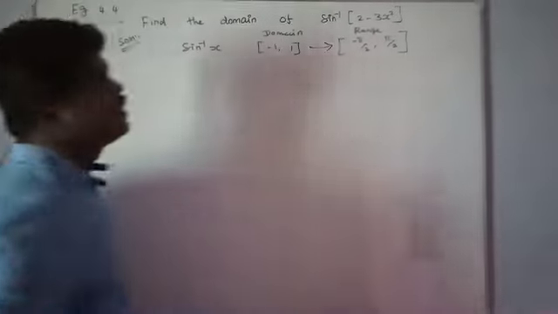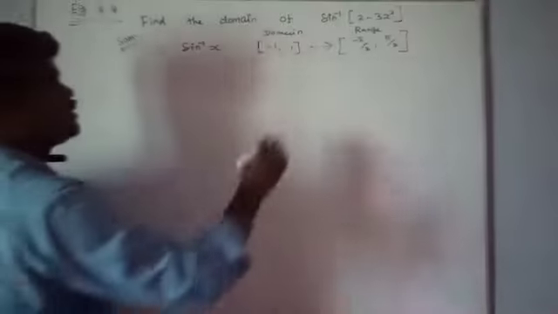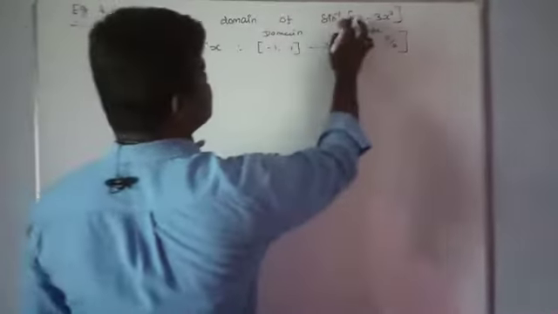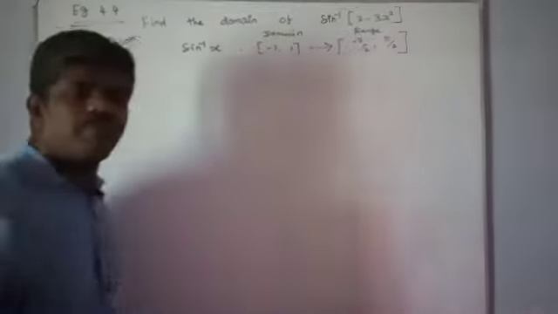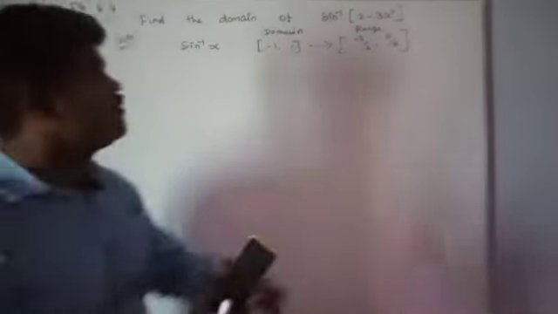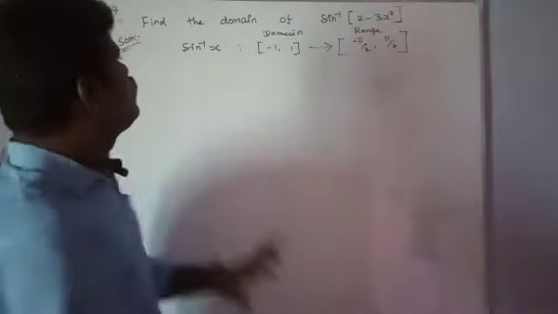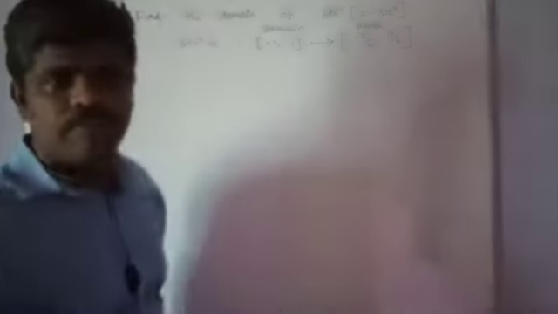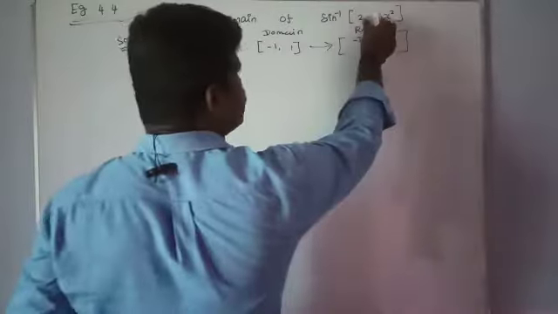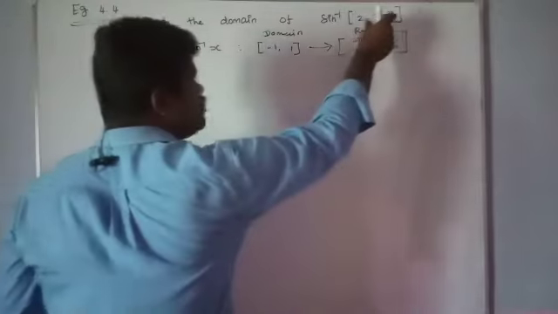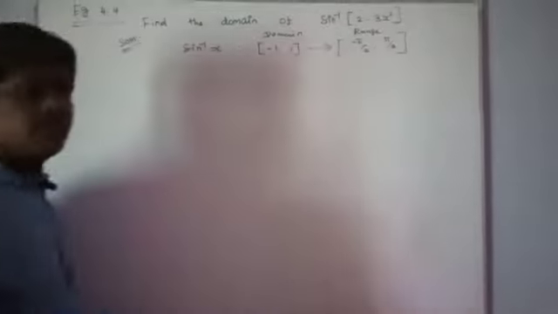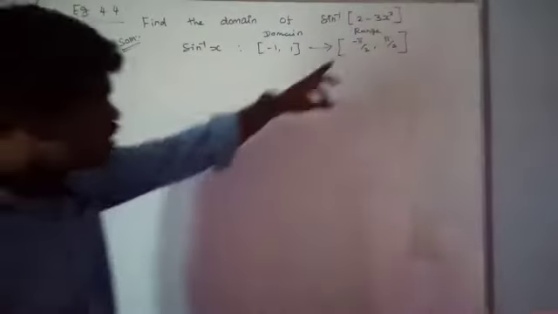First of all, find the domain of sine inverse of this unknown value. We cannot recognize whether it lies inside or outside, so find the domain only. First of all, we want this value to lie between minus 1 and plus 1. We want to find the x value only.